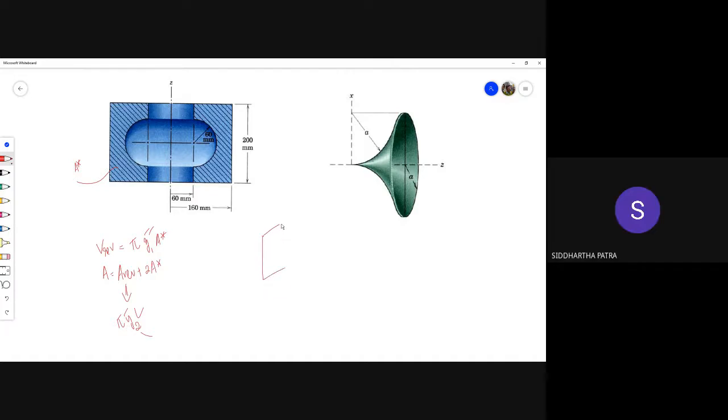Imagine there was a rectangle and then you took away a semicircle. That would be the area that you are revolving about the axis. Sir, this is a cross section of that.